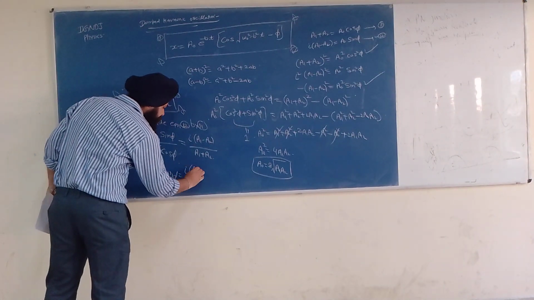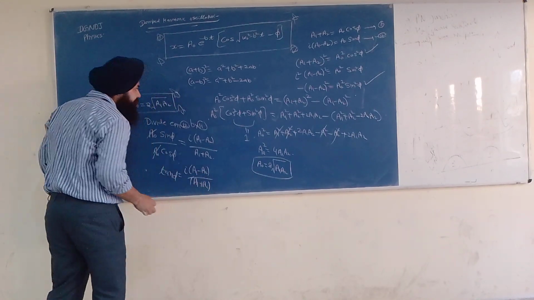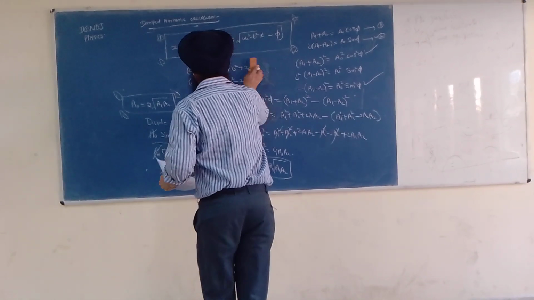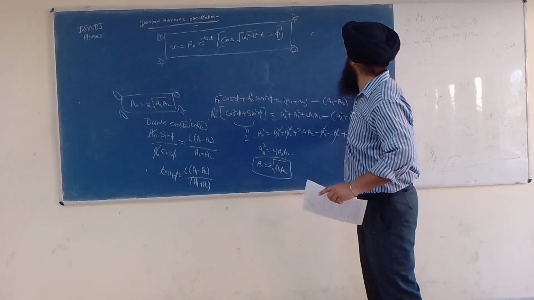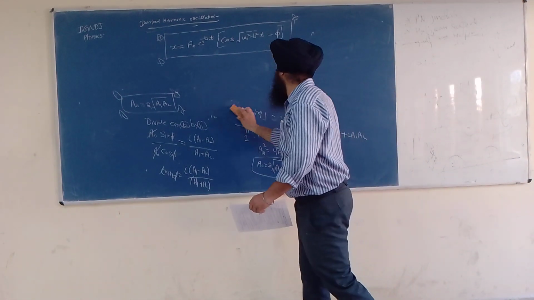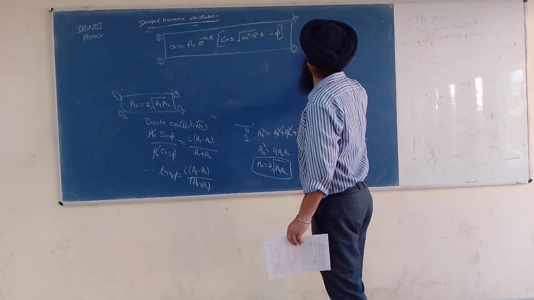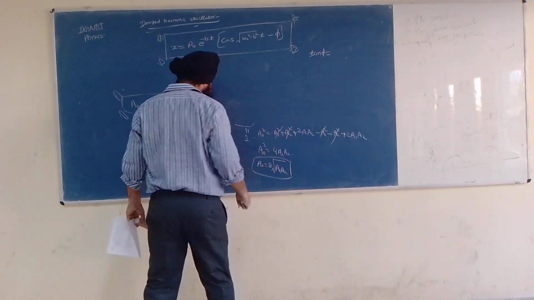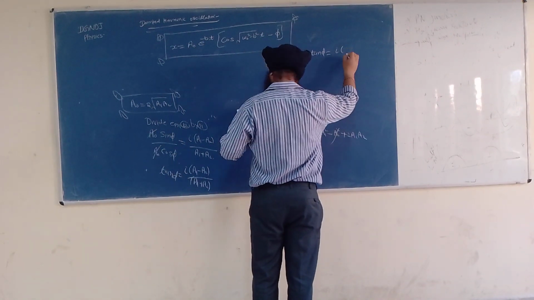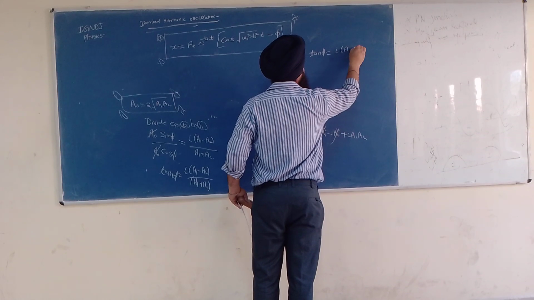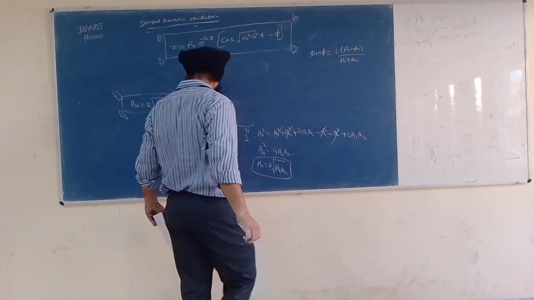i times (a1 minus a2) divided by (a1 plus a2). So I have tangent of phi equal to i times (a1 minus a2) divided by (a1 plus a2).